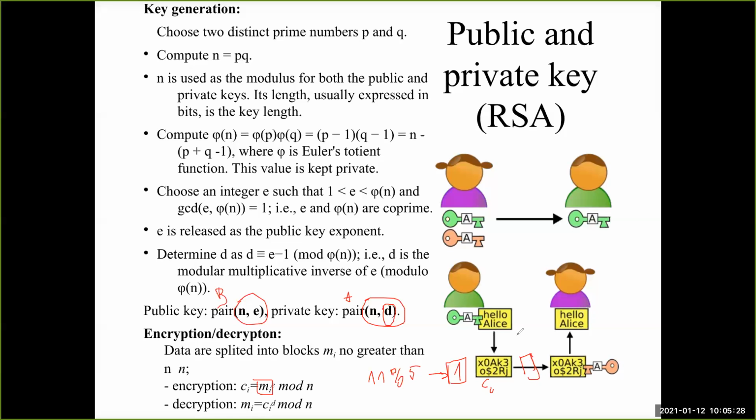But look, here we have a bad guy in the middle. So when the public key was sent to Alice, he can use it also, because this key can be read or intercepted. So even though this data is encrypted, the hacker can decrypt it as well as Alice can.